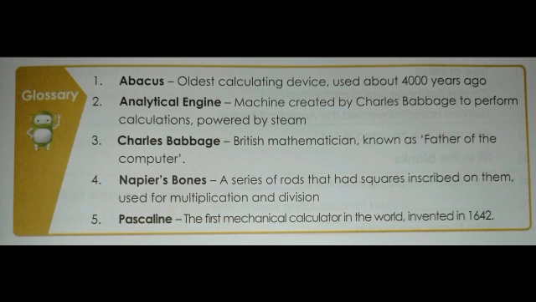Number 4. Napier's bones: a series of rods that had squares inscribed on them, used for multiplication and division. Number 5. Pascaline: the first mechanical calculator in the world, invented in 1642.